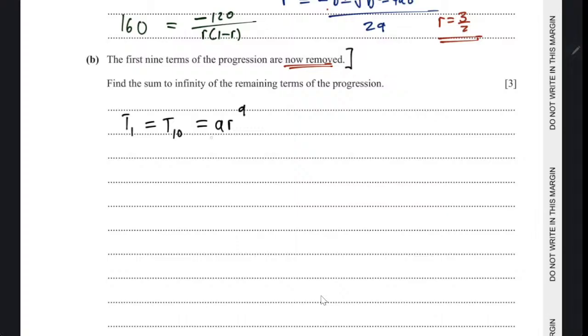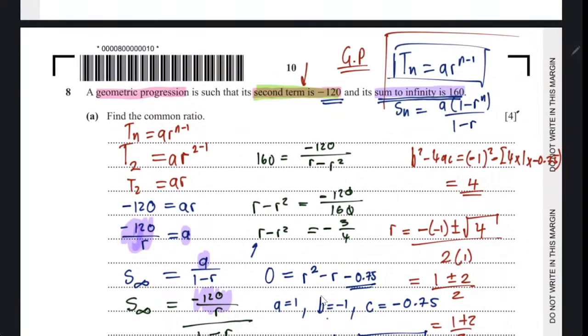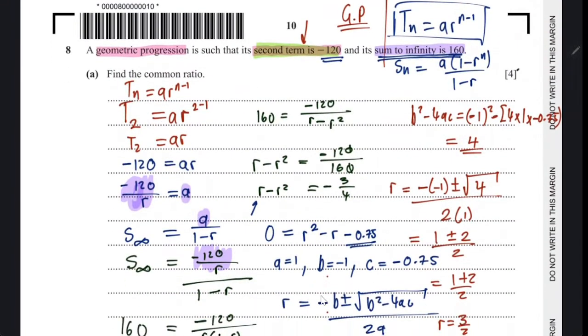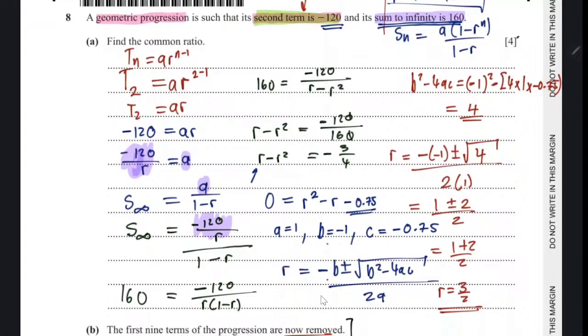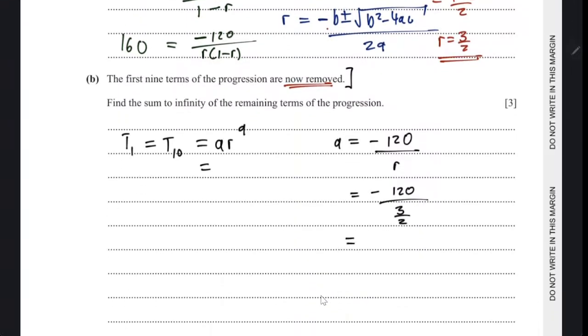The 10th term is A R to the power of 9. Do we know our A? Yes, A is negative 120 over R. So you can say A is equal to negative 120 over 3 over 2, which is negative 120 divided by 3 over 2. When you divide by a fraction, you multiply by the flip.